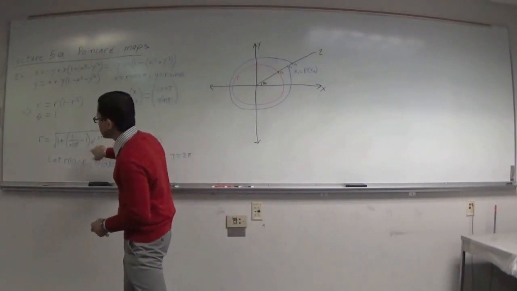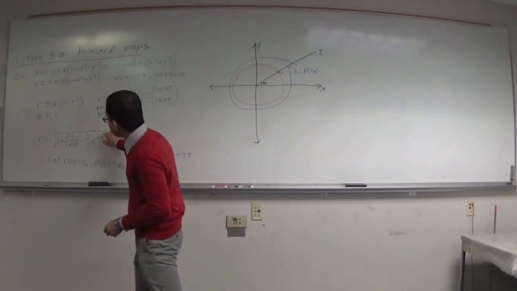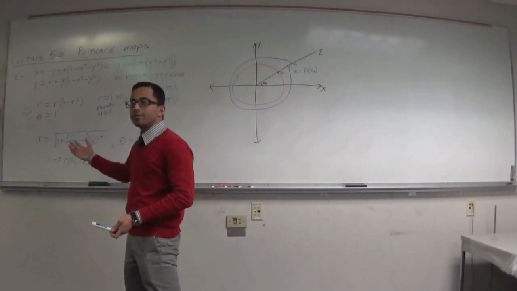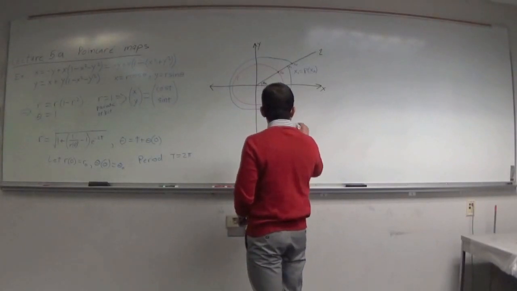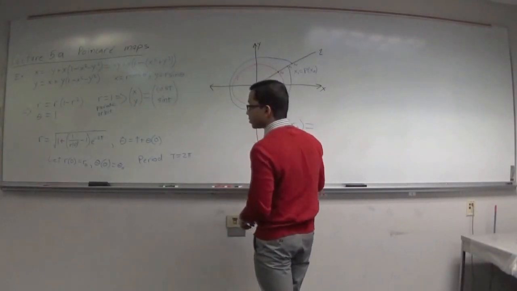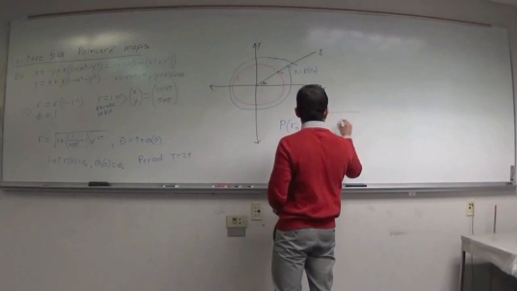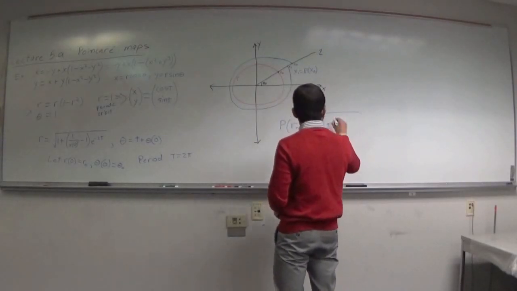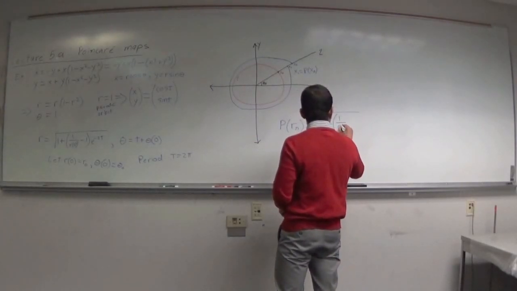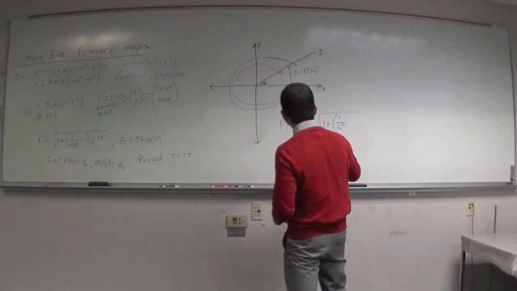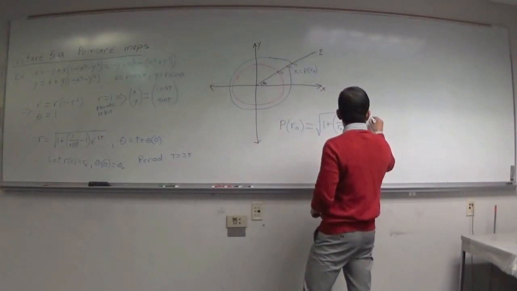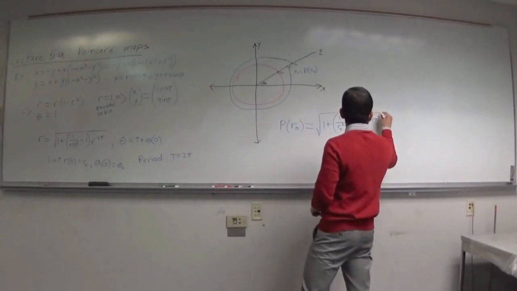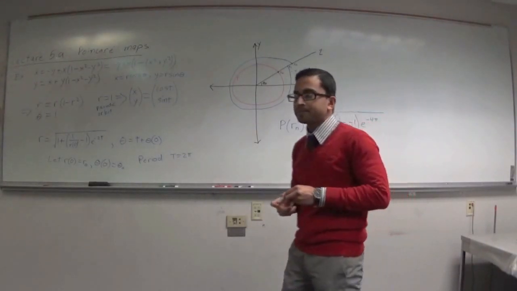So here, t is going to be 2 pi, and that's the Poincaré map. So p of Rn is going to equal the square root of 1 plus 1 over Rn squared minus 1 times e to the 4 pi. So that's our Poincaré map.